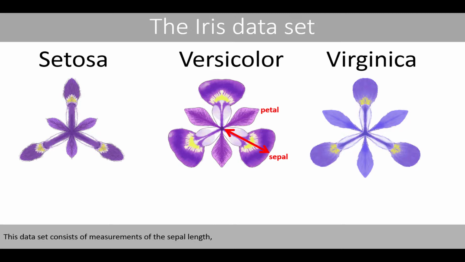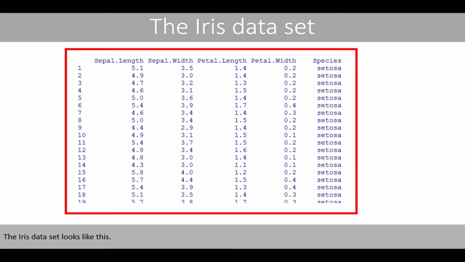This dataset consists of measurements of the sepal length, sepal width, petal length, and petal width. These four variables were measured on 50 setosas, 50 versicolors, and 50 virginicas. The iris dataset looks like this.